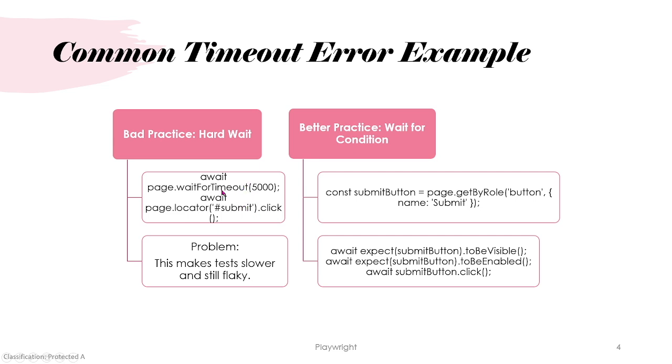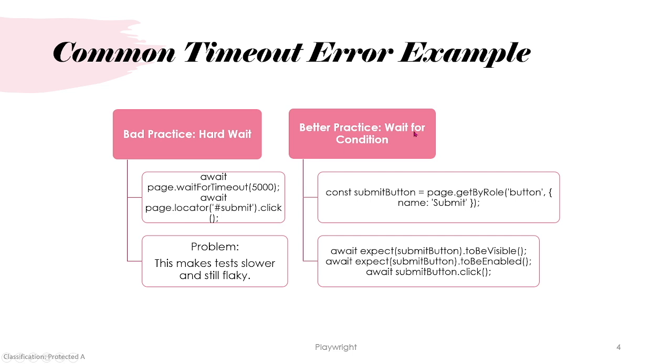If you say first wait this many milliseconds, then click, and the button shows up before that, it's a slow test. Another case is if after this timeout the submit button has not come up, the click fails, which makes a flaky failure.